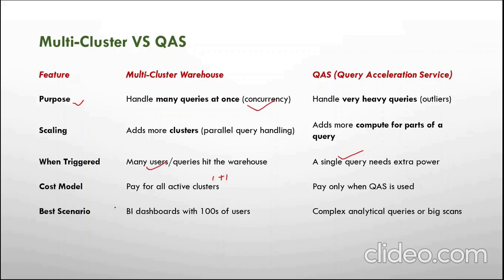Generally we can use a multi-cluster warehouse in real time also, but QAS only when complex analytical queries or big queries need to execute, and that too only if required. Okay, so this is the difference between multi-cluster and QAS.